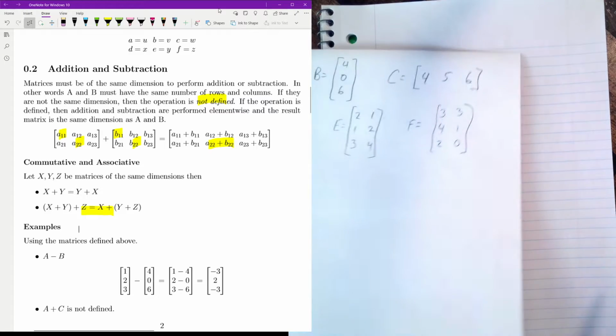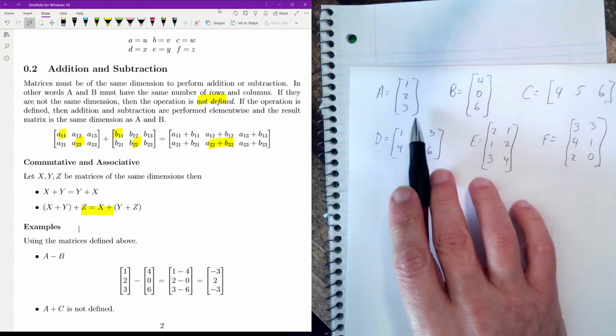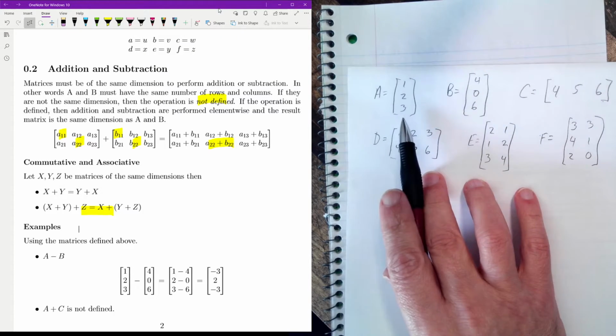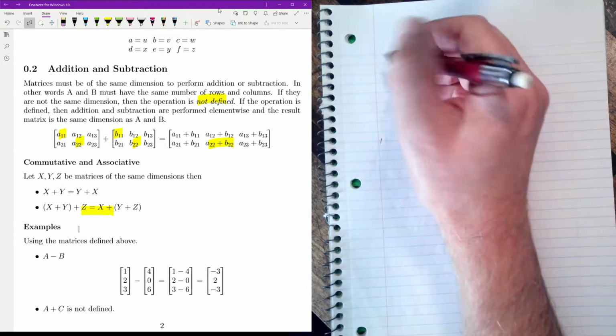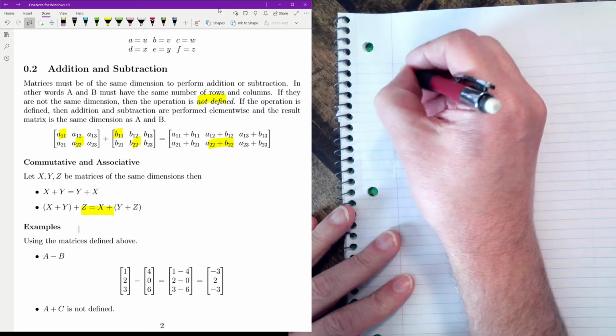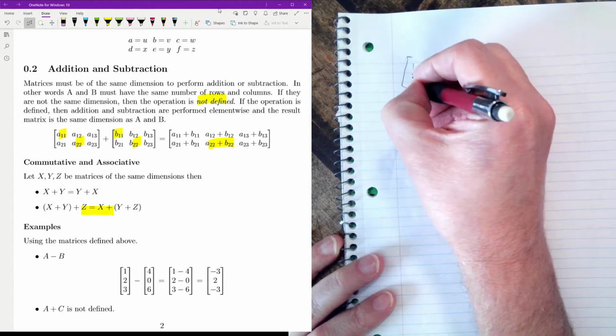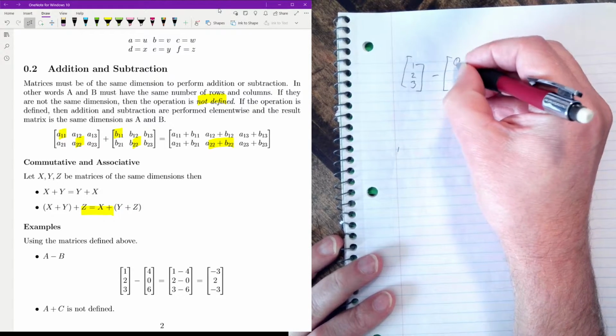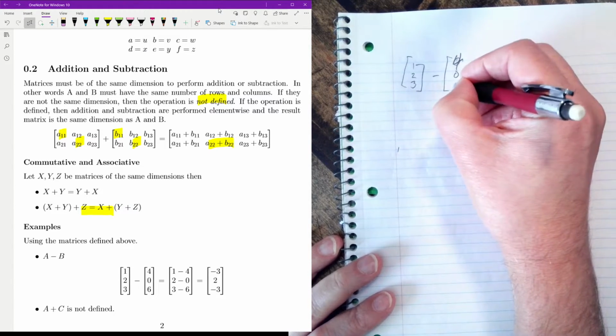We're going to use the matrices that we have here. So we have A and B, indicated by the two matrices shown, which are 1, 2, 3, and minus 4, 0, 6.